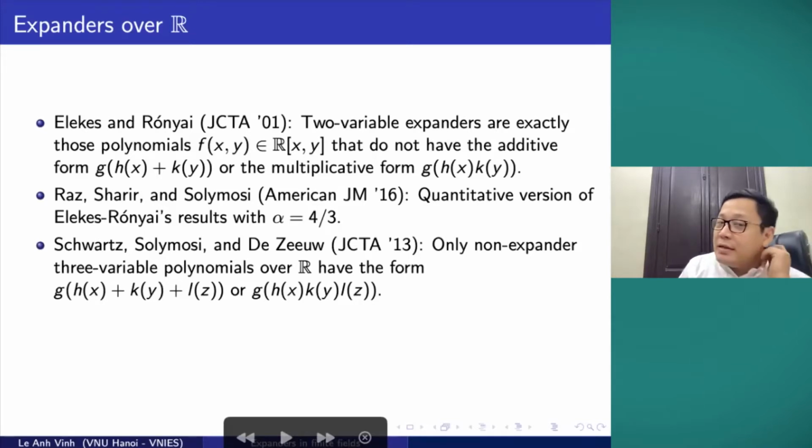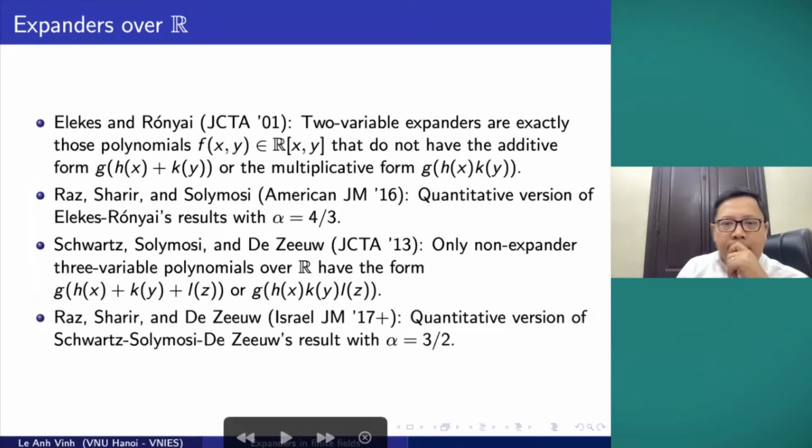It is expected to have the linear or multiplicative form. Later on, Raz, Sharir, and De Zeeuw provided a quantitative version of this result with alpha equal to 3/2. So basically, they classified two-variable and three-variable expanders and provided quantitative versions for both results.